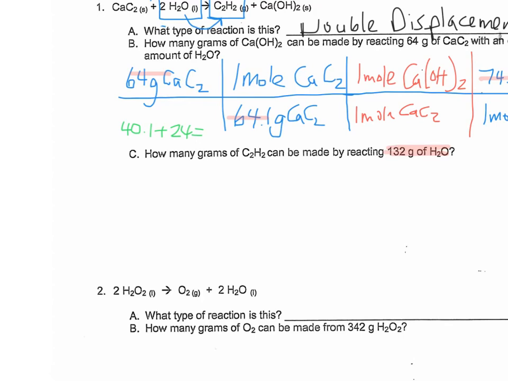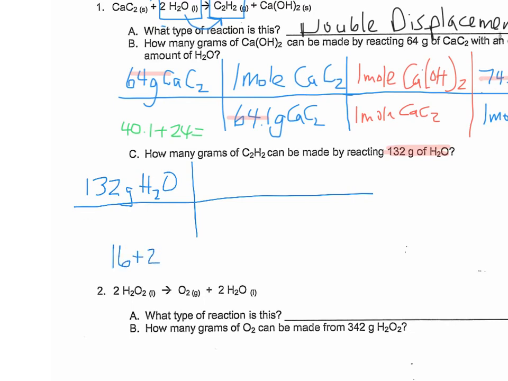Okay, so I'm going to take 132 grams of water, H2O, and hopefully you added those up. So oxygen is 16 plus 2 for hydrogen, so 18 grams is 1 mole of water. Now the new thing with this is that it's not a 1-to-1 ratio.